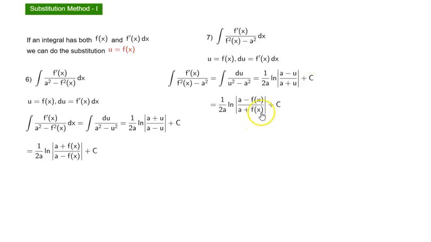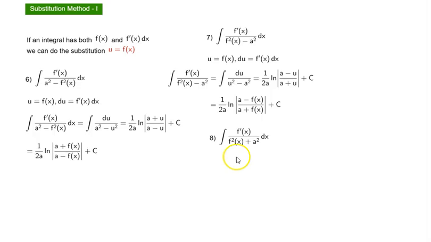Again, substituting back u. So 1 by 2a natural log of absolute value of a minus f of x by a plus f of x plus c. So basically what is happening in all this is that by doing this substitution, we are getting a standard integral whose result we know.